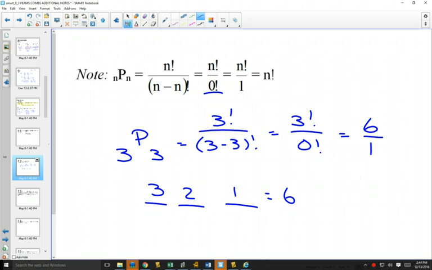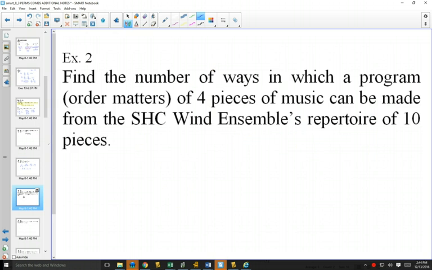So that's part of why we defined 0 factorial to be 1. 0 factorial is 1 just by definition, so that when you're working with these situations where the formula gets a 0 in it, it only makes sense if it works out to be 1. So that's why it's defined that way.